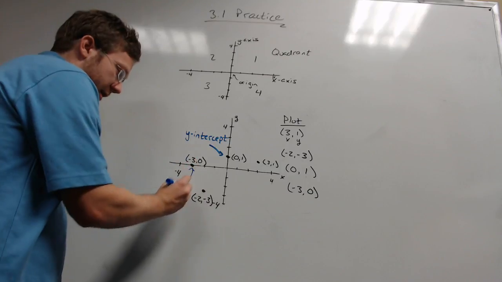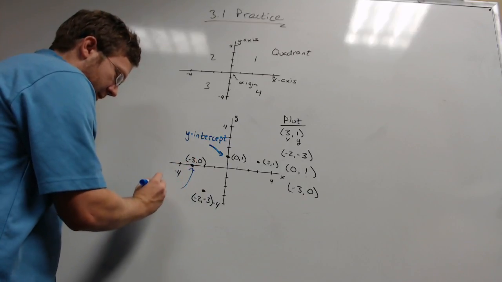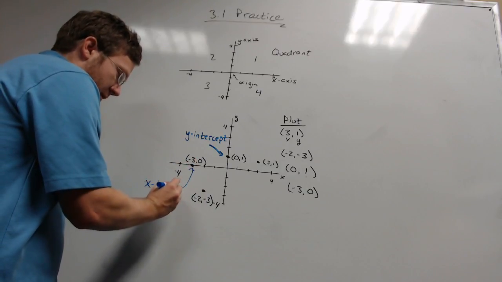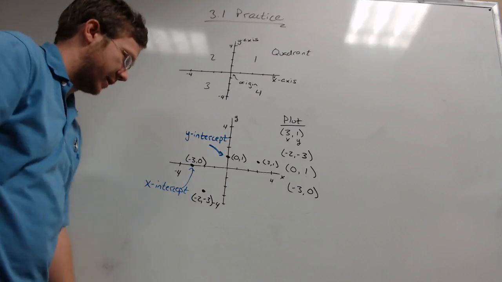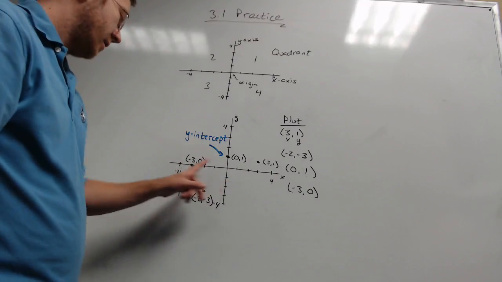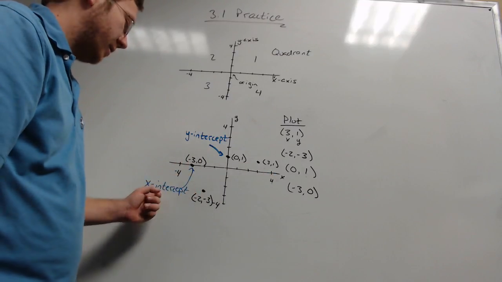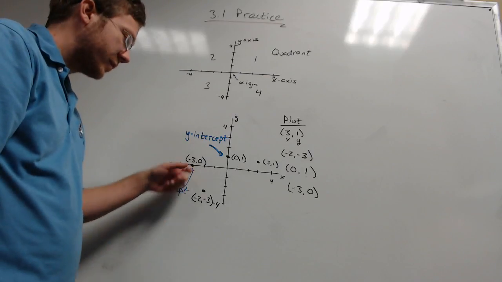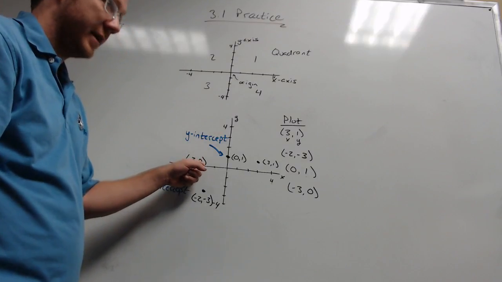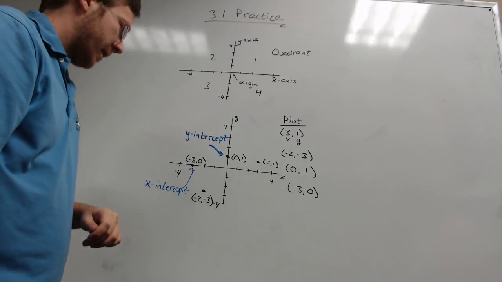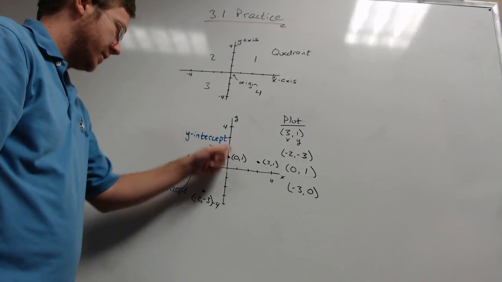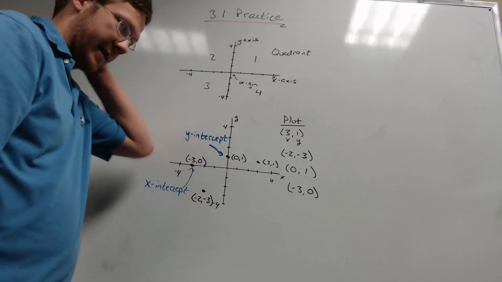This point over here is appropriately titled the x-intercept. Any point on the x-axis would be called an x-intercept. And notice it's always going to have a y value of 0, because we're not traveling up or down at all, we're just traveling along the x-axis.